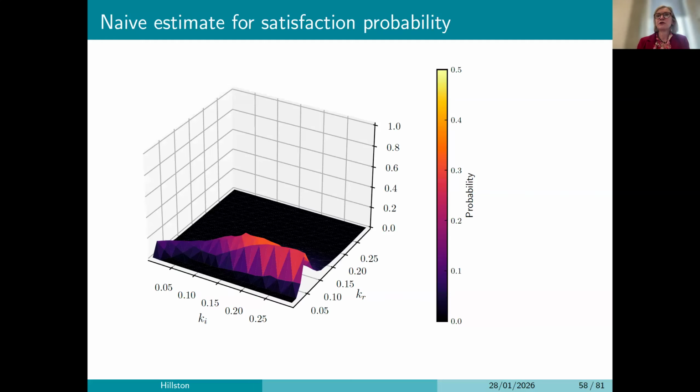If we do the naive approach and just do lots and lots of samples, we can generate a surface like this. These are our two unknown variables, Ki and Kr, and the probability is 0 for much of the space where it's black, and then around Kr equals 0.1, we have some higher probability of actually satisfying the formula that we want.